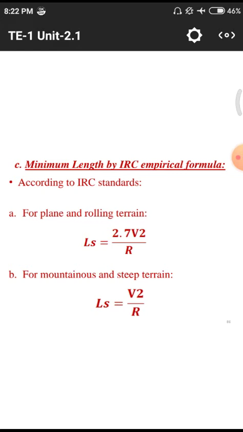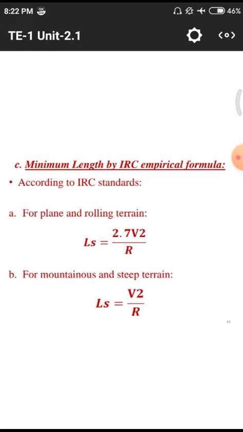First of all, we have plain terrain. The formula is Ls equal to 2.7 V square by R, where V square means velocity into velocity. After that we have mountainous and steep terrain, Ls equal to simply V square by R. We do not have any factor in front of the V square.